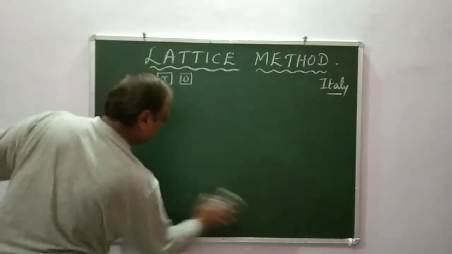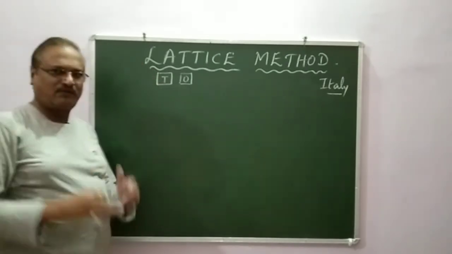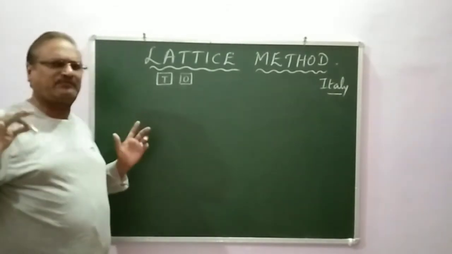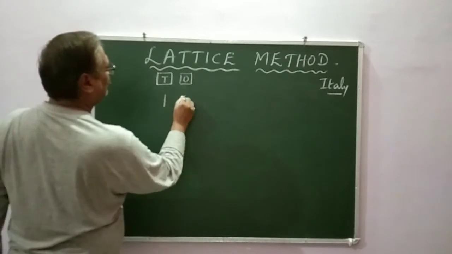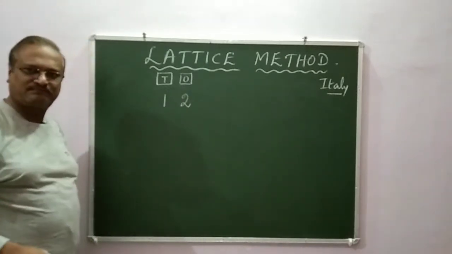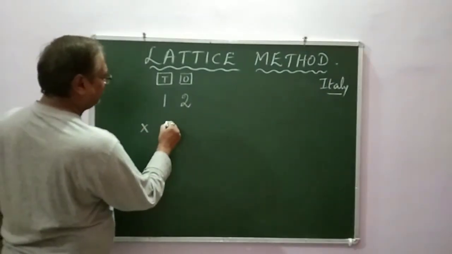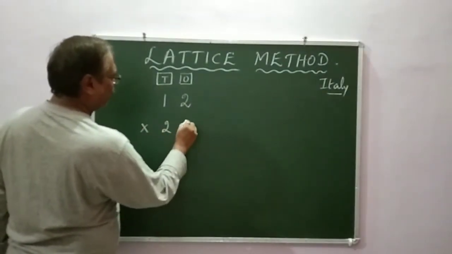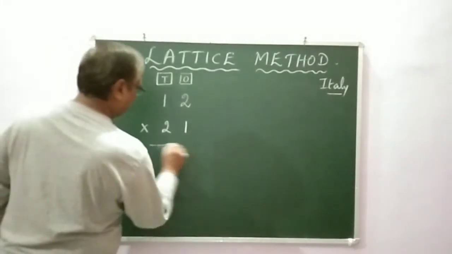Okay, take a 2-digit number. Very difficult? A simple number we will do. We will take 12, and multiply with, let us say, 21. Very simple.